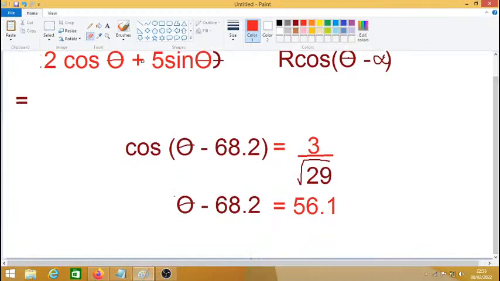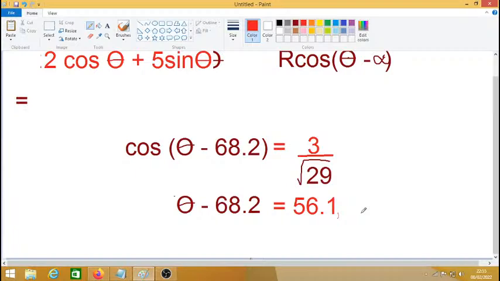But not so quickly at this stage, you have to slow down a little bit and say, look, when I inverse cos 3 over root 29, I do get one answer on my calculator, but there are other answers as well. So you have to use the fact that the cosine graph repeats every 360 degrees. It's also symmetrical about 0.